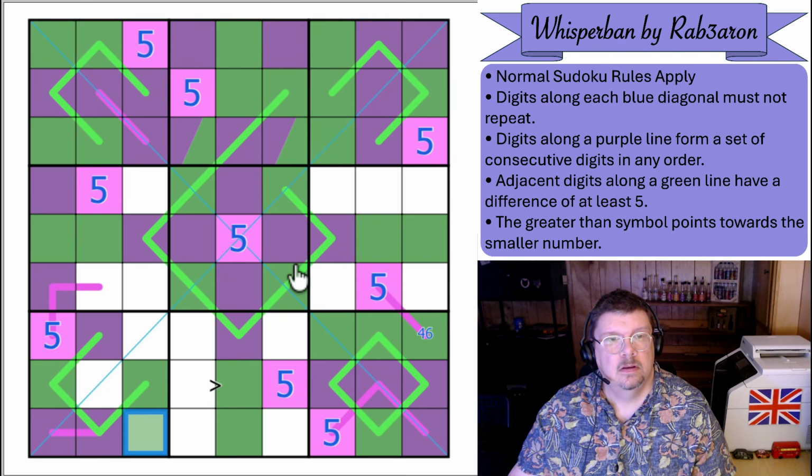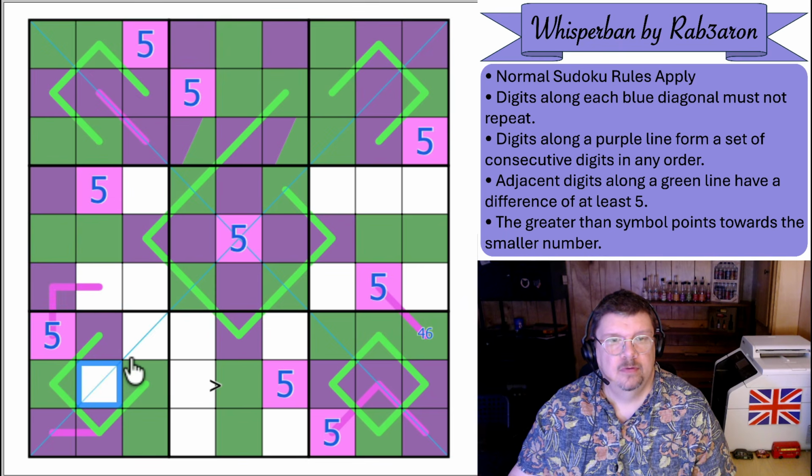What can I... So if that's green, that's a 4-6 pair. Which doesn't seem entirely unreasonable.